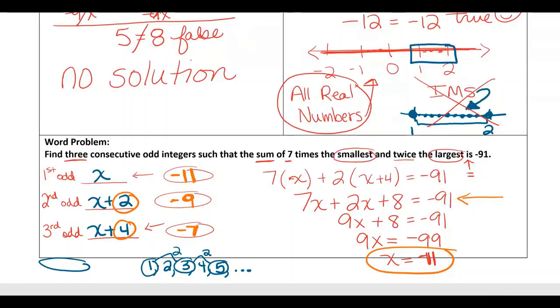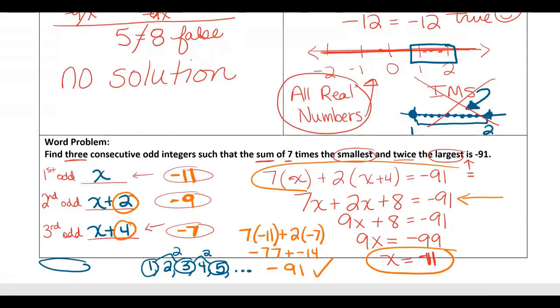Now, testing that out, 7 times the smallest and twice the largest is negative 91. Negative 77 plus negative 14 does in fact equal negative 91. Therefore, it works. Now, if I were to ask you to do this on the test, I would look for the setup of the equation. That concludes this video.